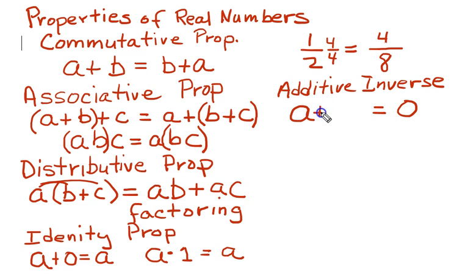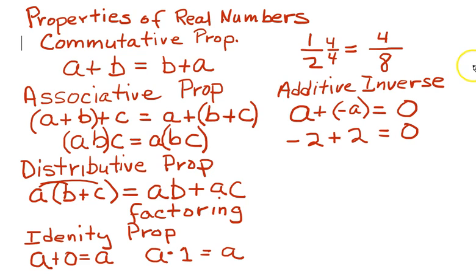And that would be the opposite sign of that value. So A plus a negative A is 0. So if you had here a -2 plus its additive inverse, in this case would be 2, that would equal 0.